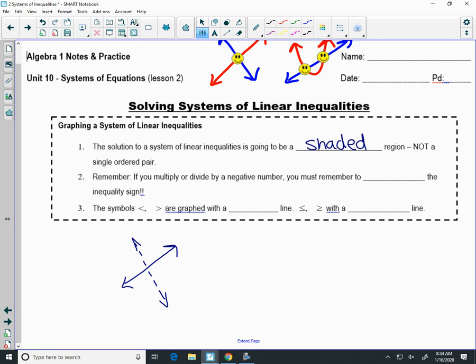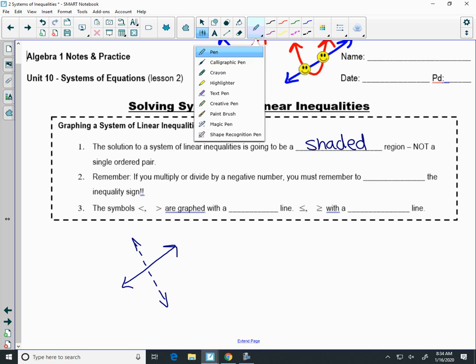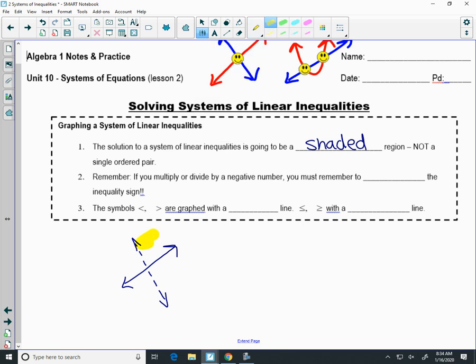And maybe we're shading over here for one, and down here for another. And their solution is that overlap. So we're looking for that overlap.